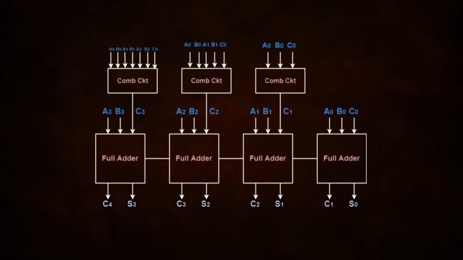The symbolic diagram of a 4-bit look-ahead carry adder can be drawn like this, with 4 full adders and 3 combinational circuits to generate carries. I hope that it is clear now. The major advantage is no propagation delay in look-ahead carry adder, but the disadvantages are it involves complex hardware and it gets more complicated as the number of bits increases.